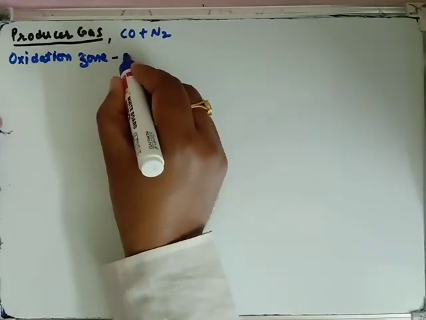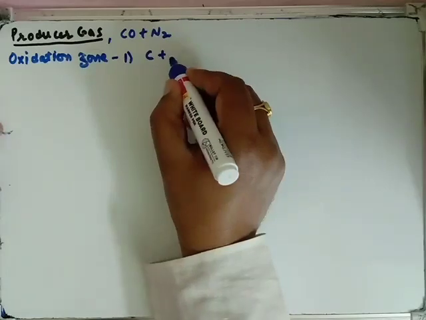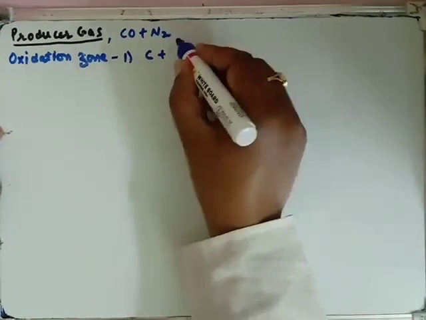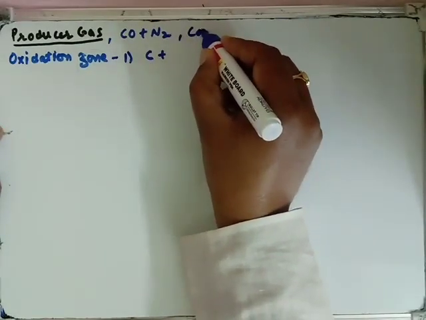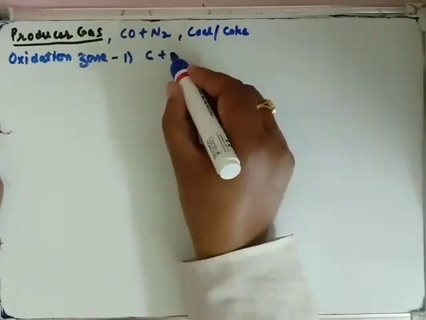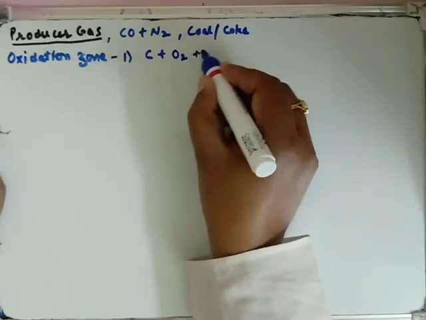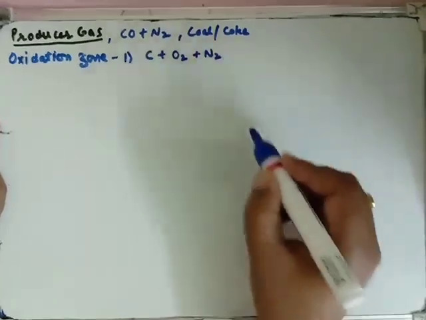The oxidation reaction involves reaction of carbon which is supplied from coal or coke. I will write here the coal or coke, as it is the basic component for production of producer gas. Carbon will react with oxygen which is supplied from air. Nitrogen is also present in the air.